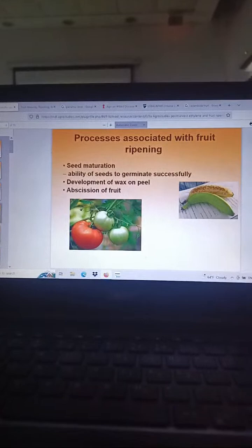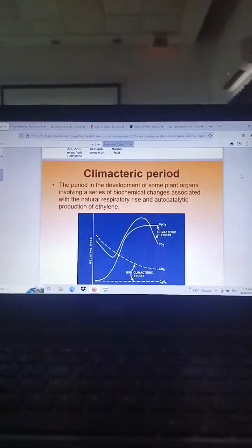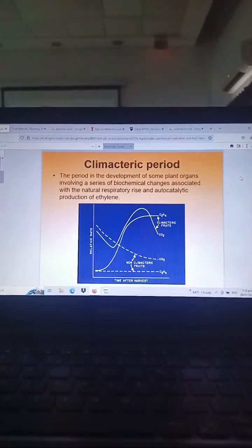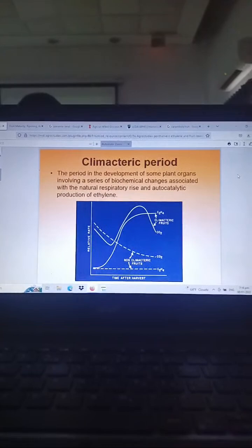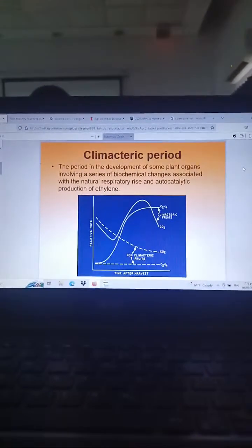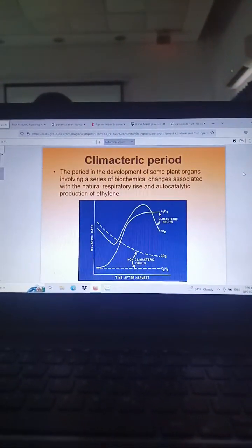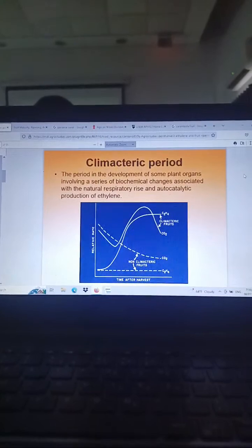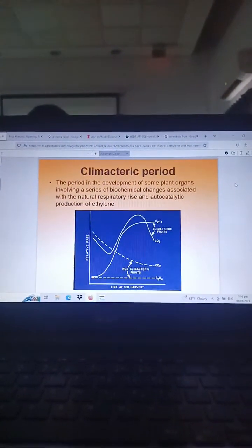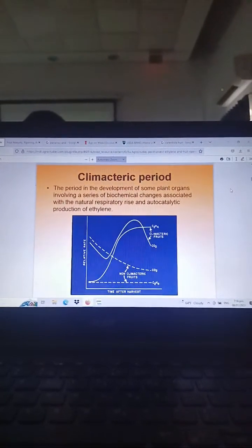Okay, now, all fruit belong to two types. Climacteric and non-climacteric. Some of you know Kilimanjaro? Kilimanjaro is a big mountain in Africa. It has a climax, okay? Remember Kilimanjaro, remember climacteric peak.